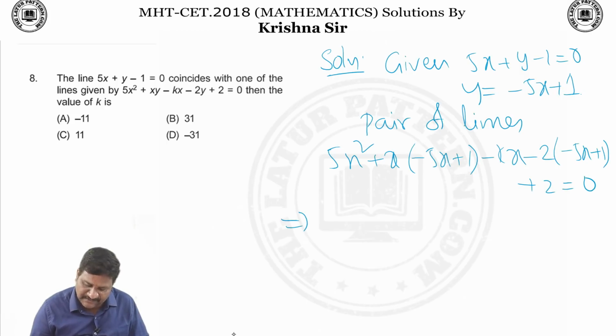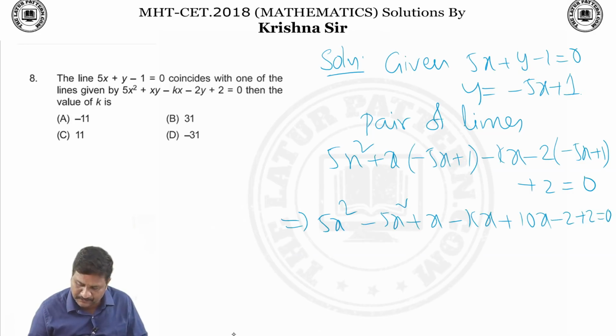Here 5x square minus 5x square plus x minus kx, minus of minus plus 10x minus 2 plus 2 is equal to 0. Now here 2 will get cancelled. 5x square also gets cancelled. Then here 10 plus 1, 11x minus kx is equal to 0.